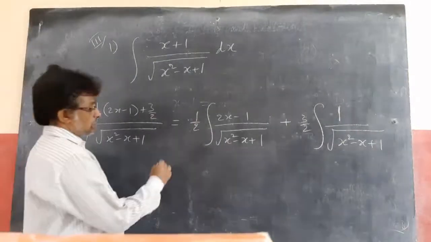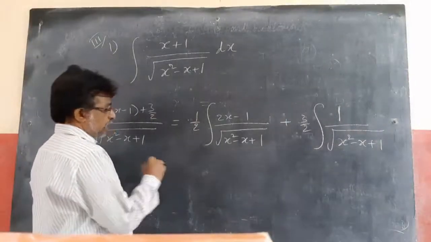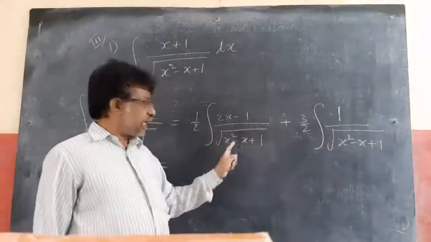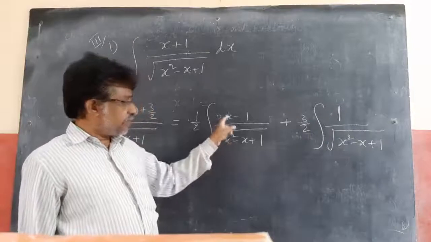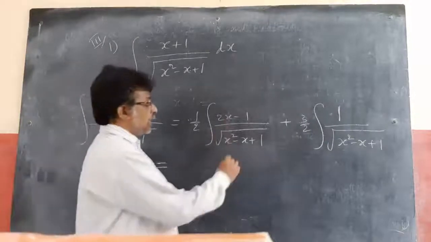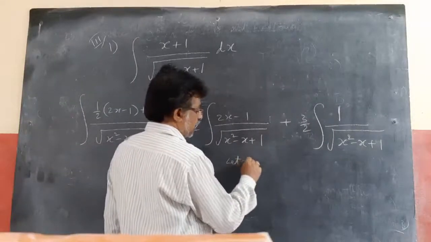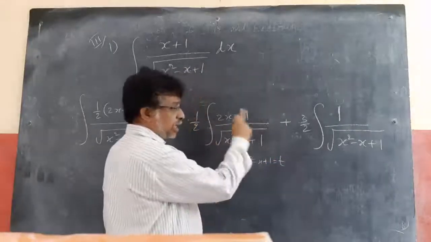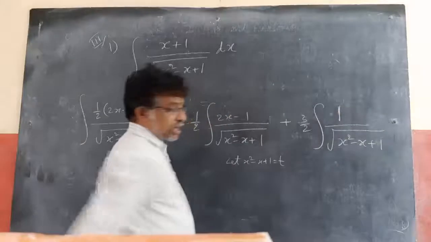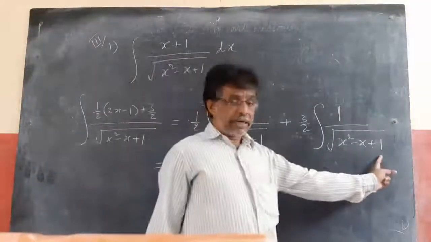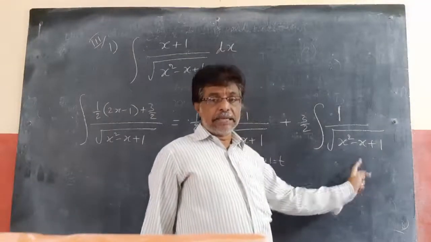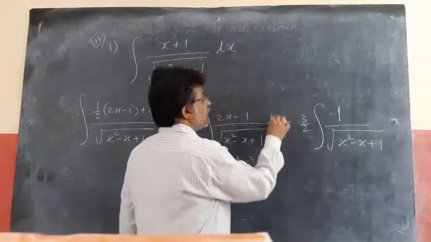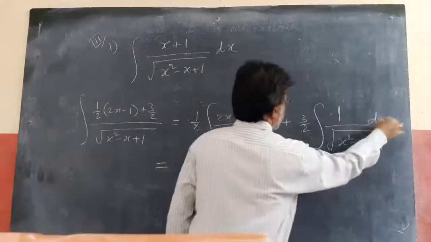So how do we integrate now? For this part only, I can take this as t, because the derivative of this is in the numerator. So let x square minus x plus 1 equal to t. Only for this part I am taking. For this other part there is no such numerator, that's why I need to go for completing the square. So this part I can take t because the derivative is there in the numerator.